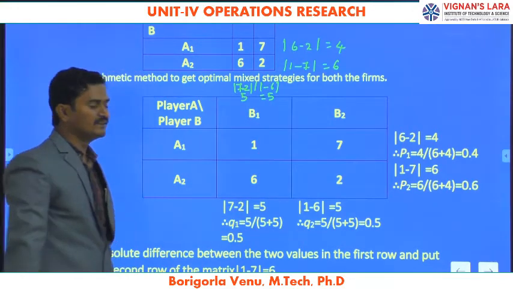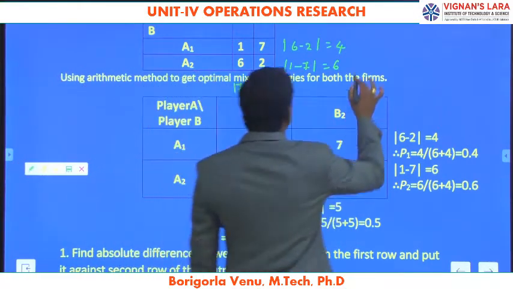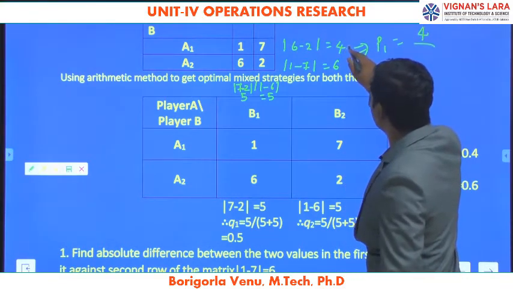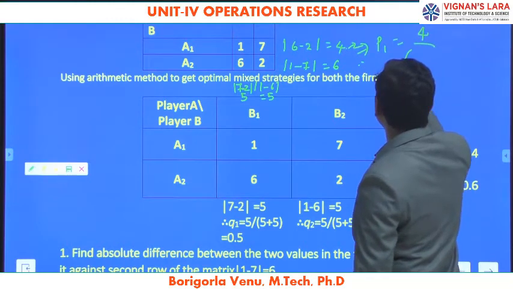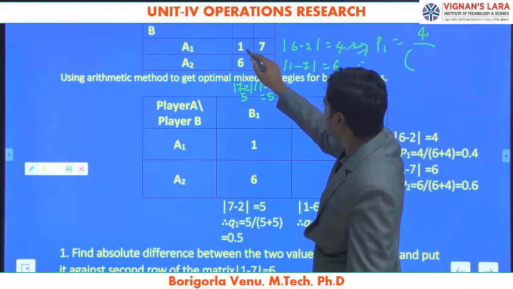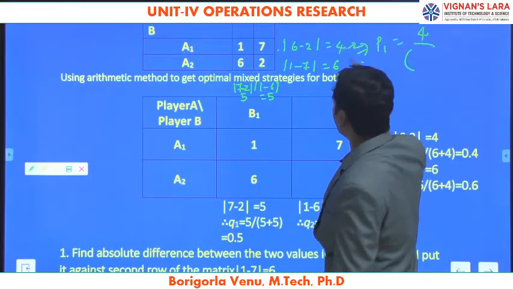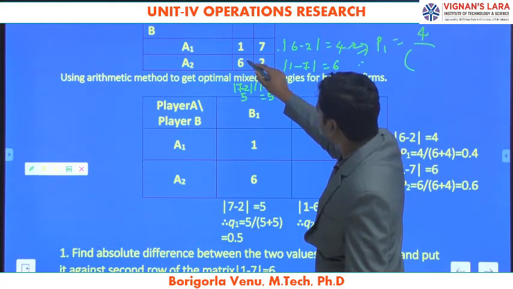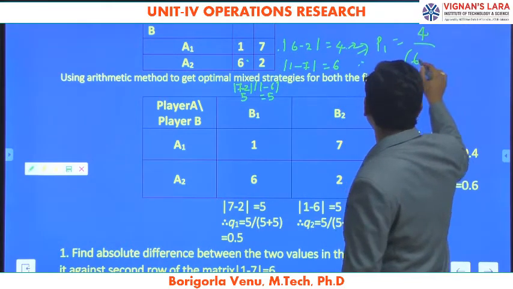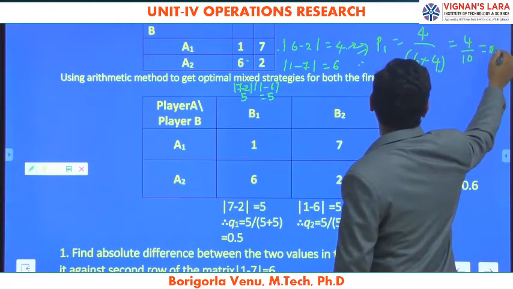After calculating this, we calculate the P1, P2, Q1, Q2 values. P1 is the first row difference 4 divided by the sum of the differences, the second row difference 6 plus the first row difference 4, that is 4 by 10, which equals 0.4.